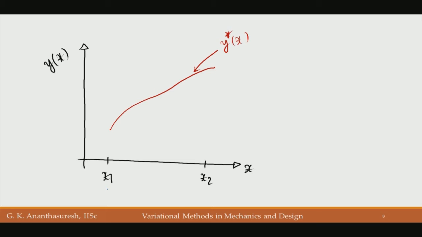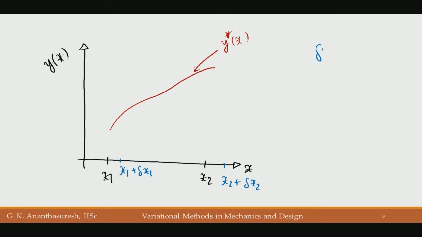Now, since the x1 and x2 ends are also not known, we have to perturb them also. Let us say x1 becomes x1 plus delta x1 and x2 becomes x2 plus delta x2.